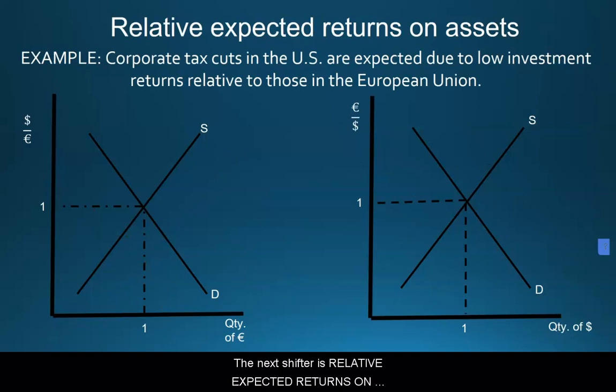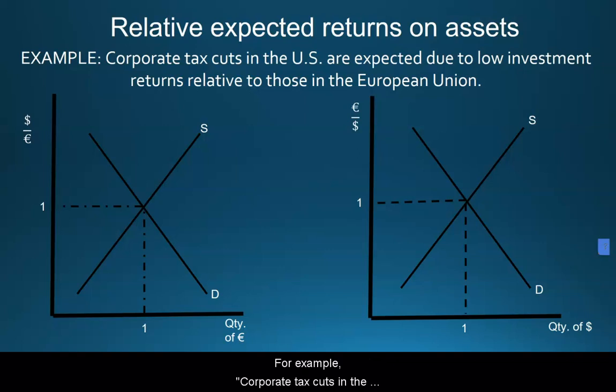The next shifter is relative expected returns on assets. Examples of these are stocks, bonds, and/or real estate such as factories. International investments in the stated items require investors to sell their own local currency to purchase the foreign currency needed for their overseas investments.